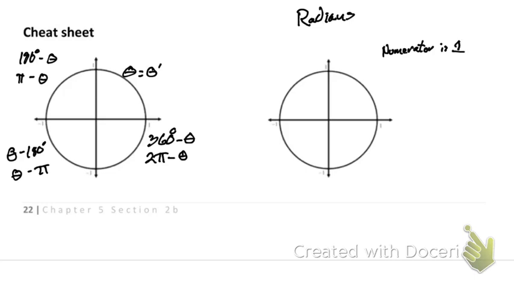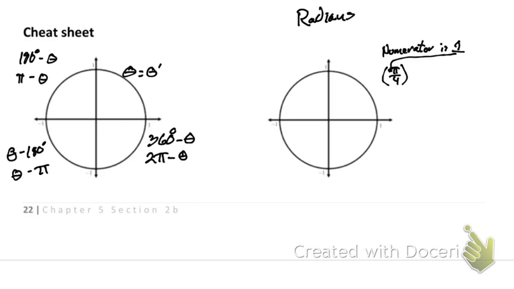An example of that is pi over 4. Our numerator is 1, so we are in the first quadrant. So pi over 6, pi over 4, pi over 3. If that is 1, we are in the first quadrant. The only time we're not quite in the first quadrant is if it's pi over 2, but you should know pi over 2 is 90 degrees. So typically speaking, if your numerator is 1, you are in the first quadrant.